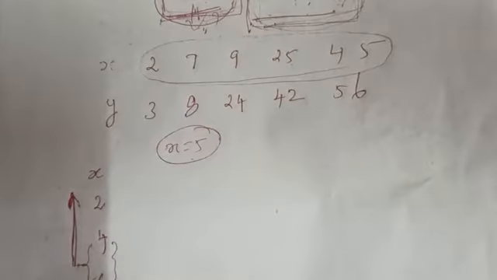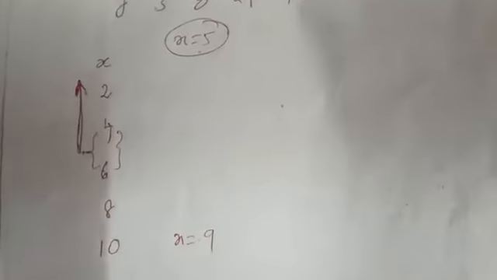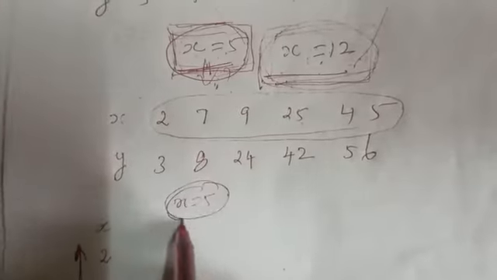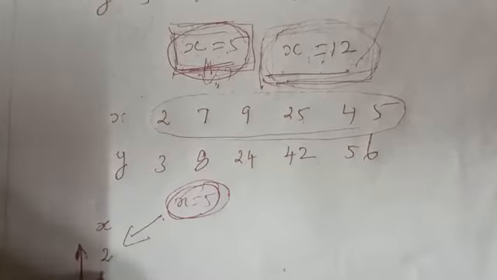Suppose x is equal to 9. The 9 is between 8 and 10, at the end of the table. The beginning of the table means we use Newton's forward interpolation formula.